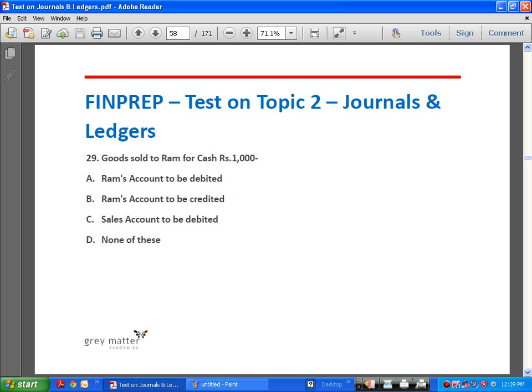Right. Now question number 29. Goods sold to Ram for cash, rupees 1000. So how is this to be accounted for? Right. So we know that according to the dual aspect concept, or the double entry system of accounting, every financial transaction in a business has two aspects to it, a debit aspect and a credit aspect, and the double entry system records both the aspects of a transaction.